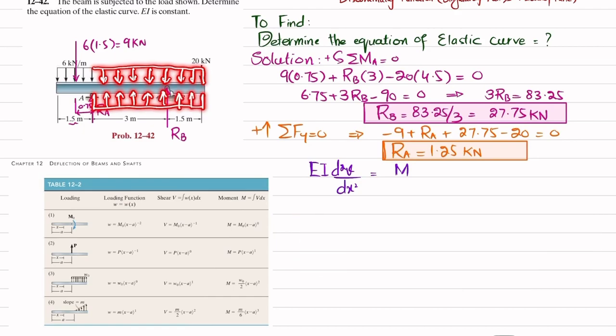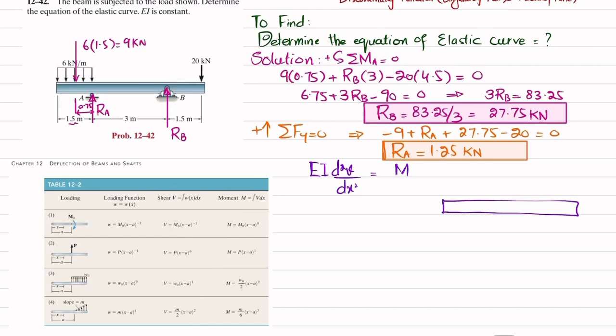So what we will do is that I will draw the free body diagram again. So we will take this uniformly distributed load till the last, and its magnitude is 6 kilonewton per meter. And this was point A where we have RA.